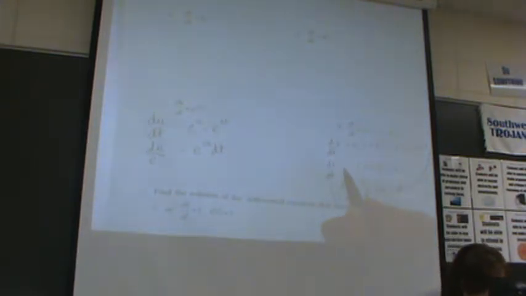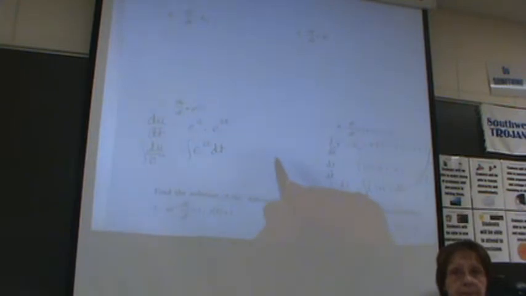Okay, so it'll be du over e to the u equals e to the 2t dt. What happens when we integrate? The e and the ln drop off. Get the ln of e to the u equals, what on the right side? 1/2 e to the 2t plus c, good.